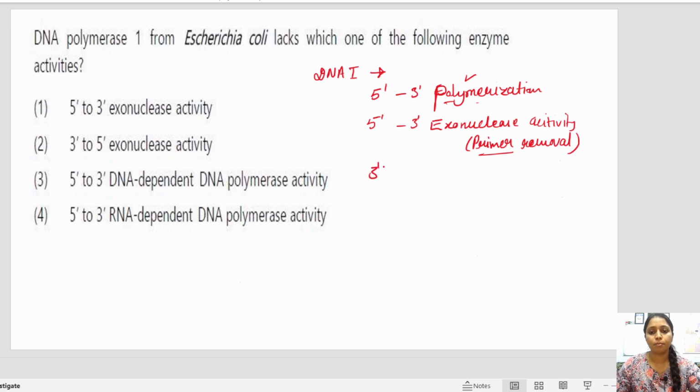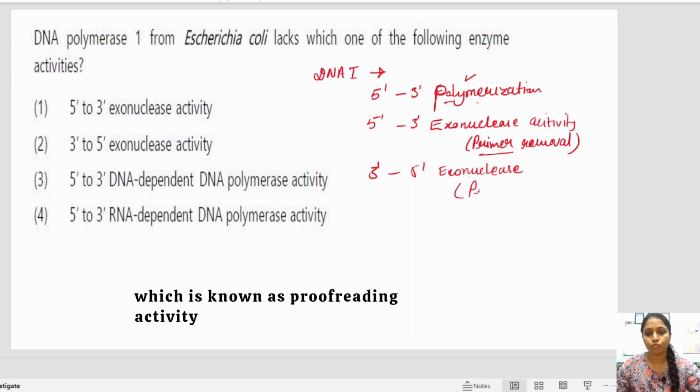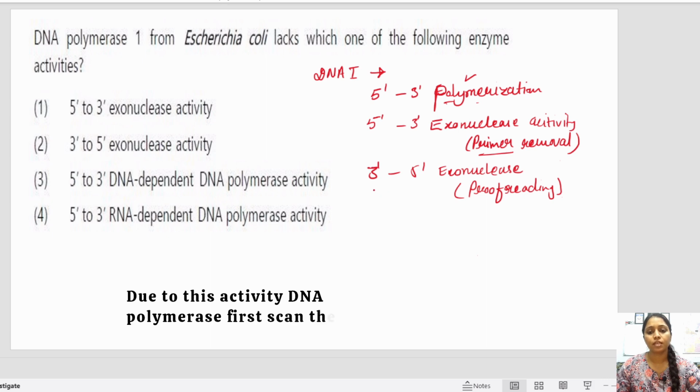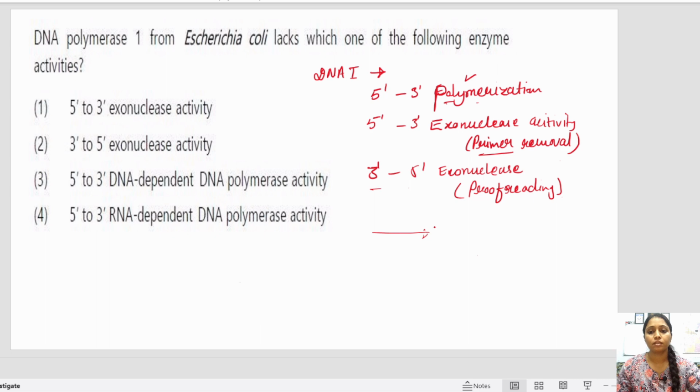Then 3' to 5' exonuclease activity, which is known as proofreading activity. Due to this activity, DNA polymerase I scans the DNA, analyzes the mistakes in DNA and corrects them.